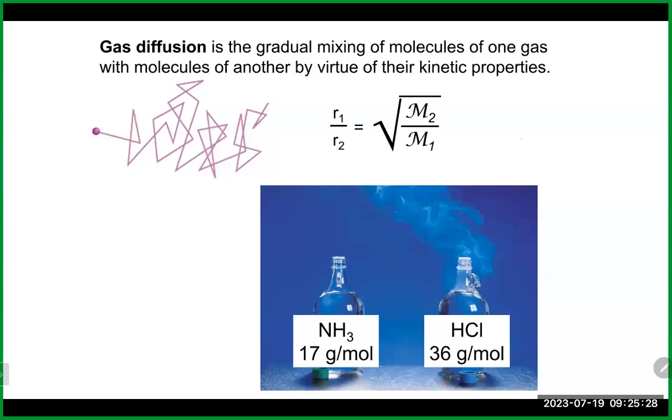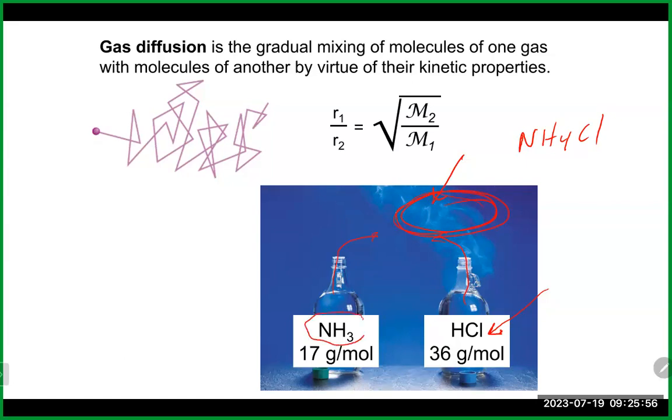When they come together, they make ammonium chloride, which is this white sort of smoke that you can maybe see there. If we look at it here, we notice that the NH3 comes out, the HCl comes out. The mixing is occurring closer to which one? It is happening closer to the HCl. Again, based on what we just talked about, which one should be moving faster?